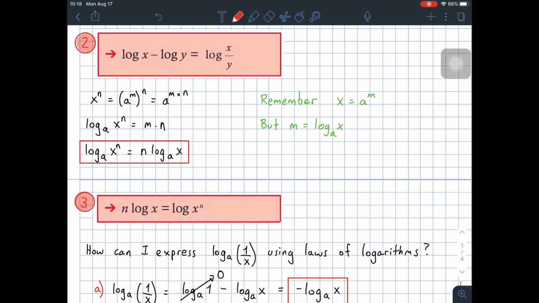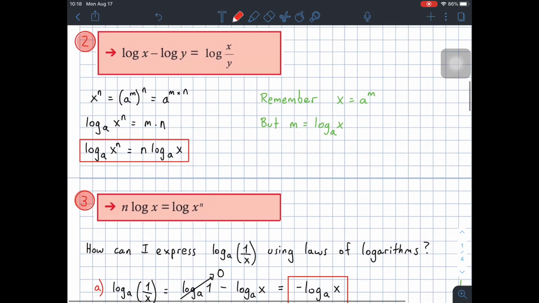So if I rewrite this expression, once again using logarithms, we're going to have that log base a of x to the power of n should be equal to the exponent, which is m times n, right? If you analyze it from this perspective, a to the power of m times n is equal to x to the power of n, which is exactly what we have right here.